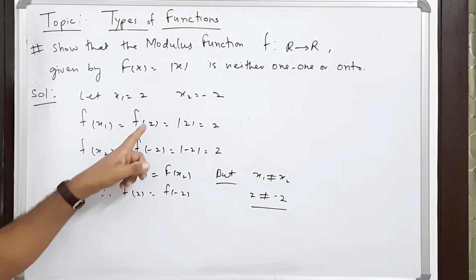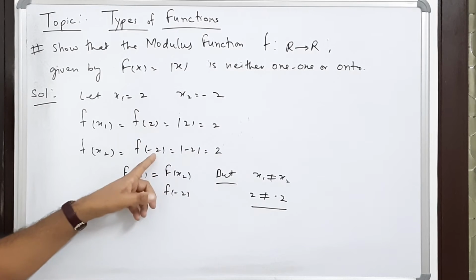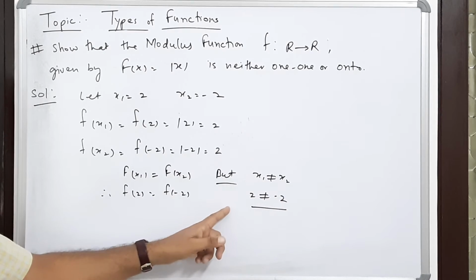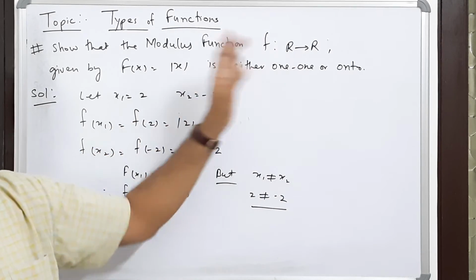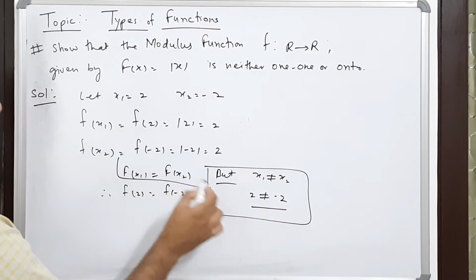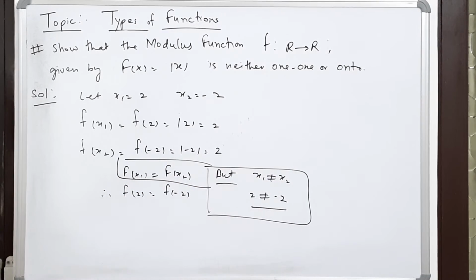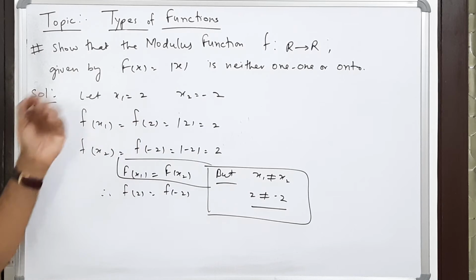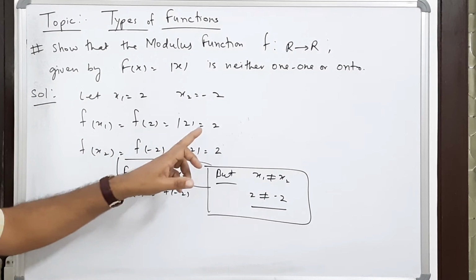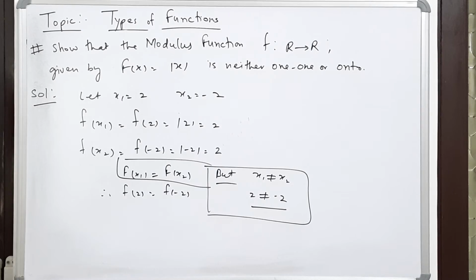So two different elements have the same image, meaning their images are equal but the values are not. So the modulus function is not 1-1.